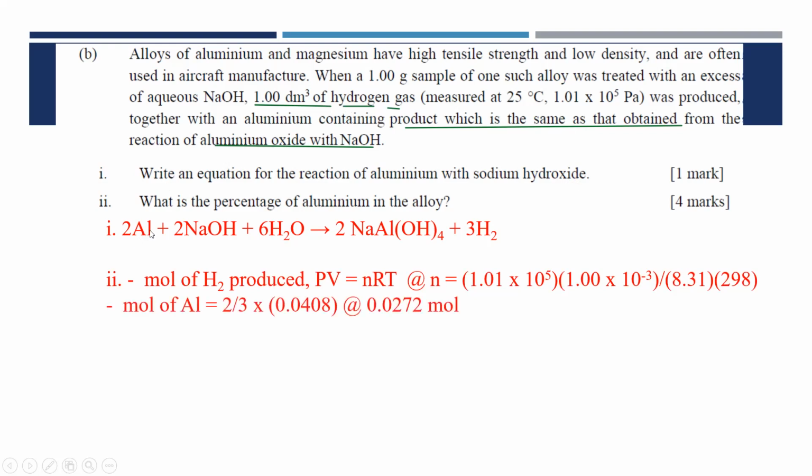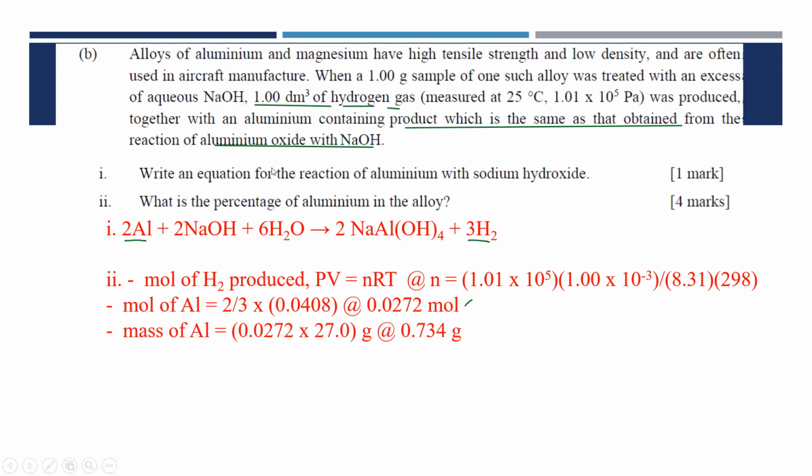So the mole of aluminium stoichiometrically is 2 to 3. So 2 aluminium is to 3 hydrogen. So the mole of aluminium is 2 over 3 times 0.048, which equals 0.0272. Then you calculate the mass of the aluminium: 0.0272 multiplied by 27.0, so you get 0.734.